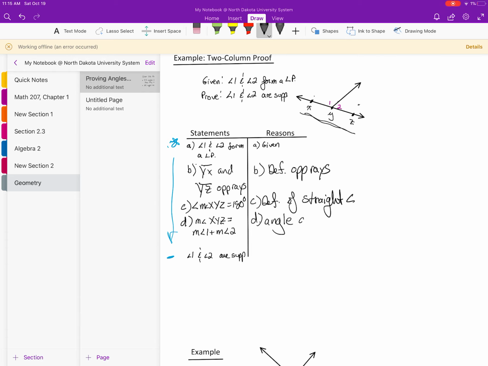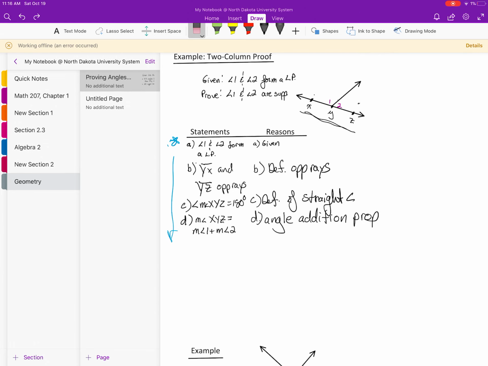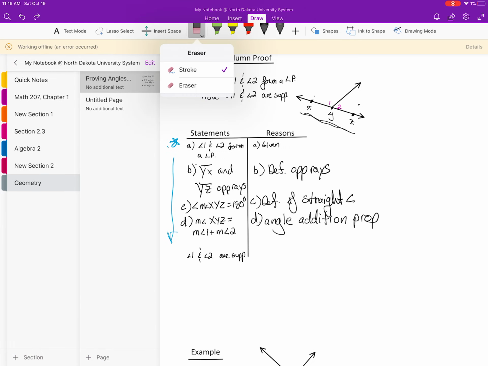Do you remember the angle addition property? That's what that is. All right, I need to somehow erase this without also erasing my line.